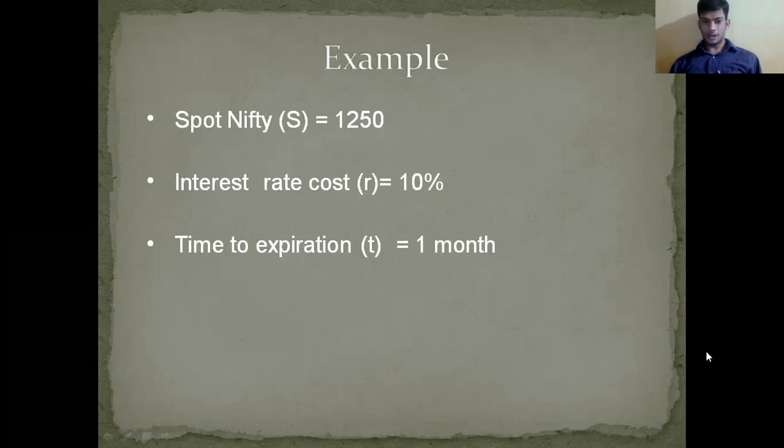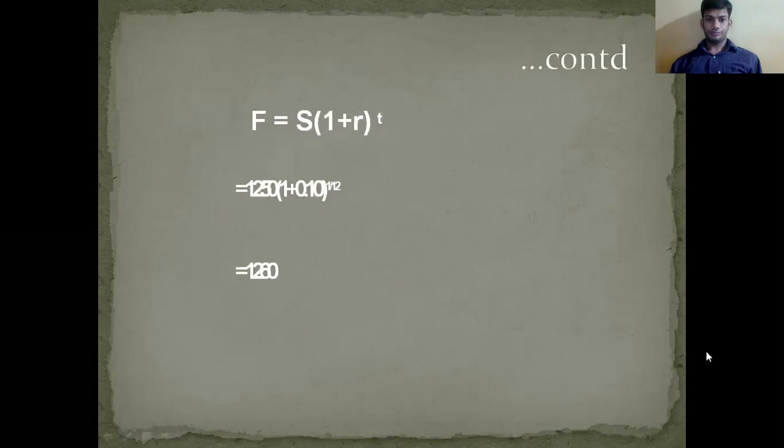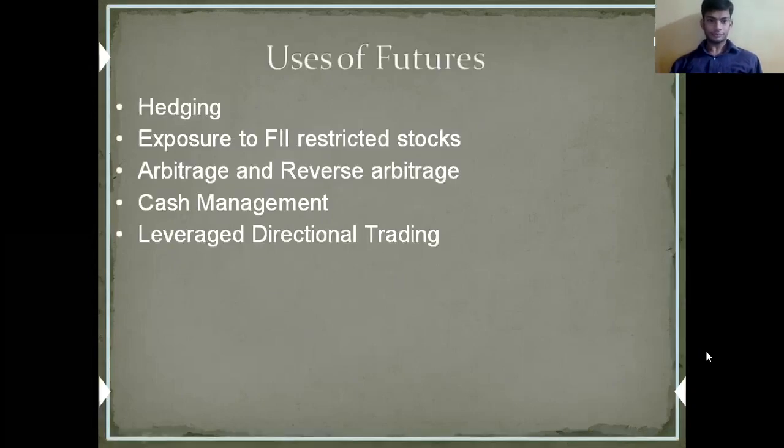Interest rate is 10% and time to expiry is 1 month. Then the calculation is F equal to S into (1 plus R) raised to T. So 1250 into (1 plus 0.10, meaning 10 upon 100) raised to 1 upon 12. And the answer is 1260.